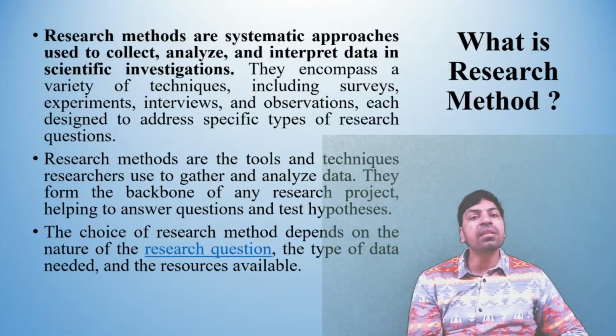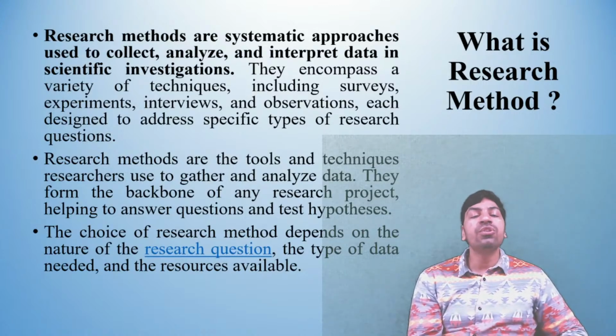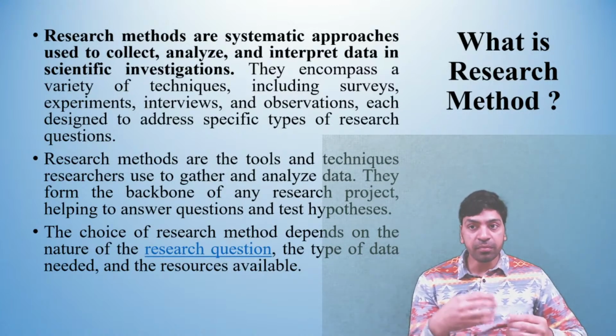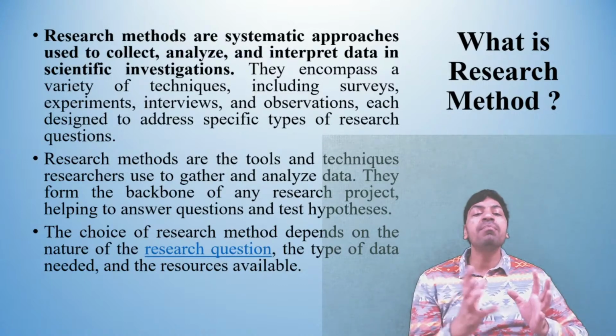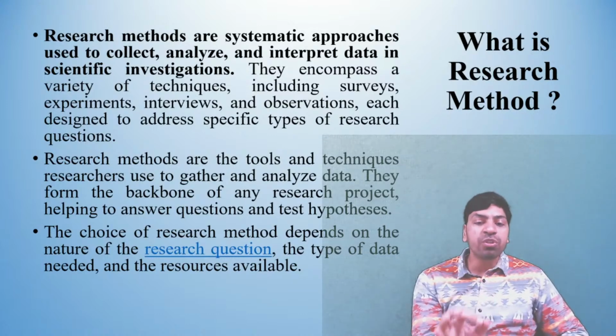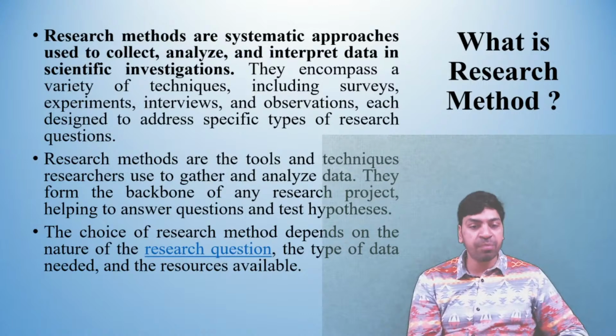So research methods are the tools and techniques a researcher uses to gather and analyze data. After all, research methods are the backbone of any research project, which helps to answer a researcher's questions and accordingly test hypotheses.